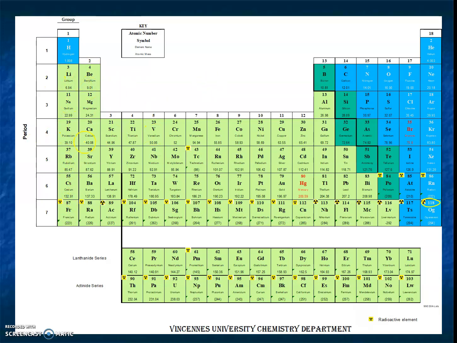Each row is called a period. You can see the blue color is non-metals, and the green color is metalloids. Besides metalloids and non-metals, among all these 118 elements, the rest are all metals. As you can see in the table, the majority are metals.